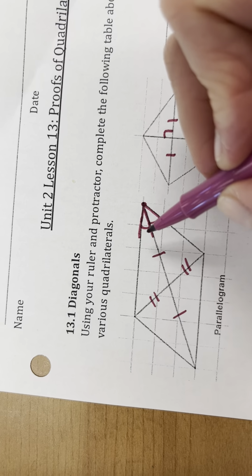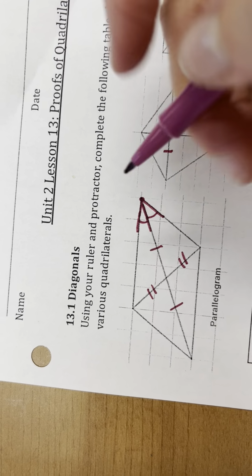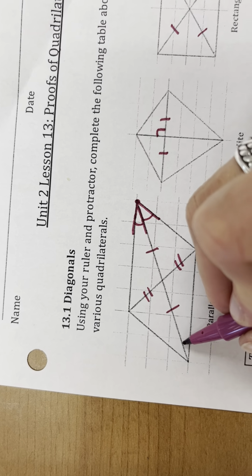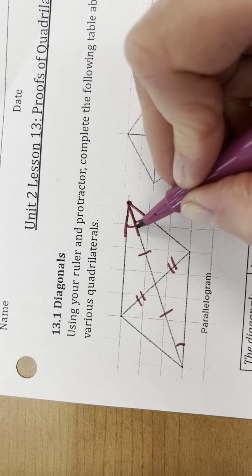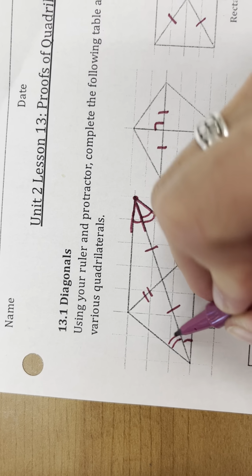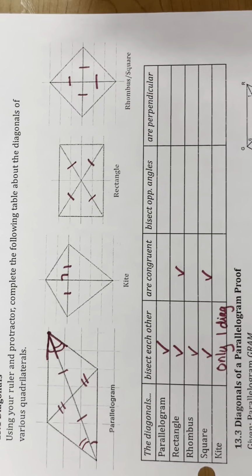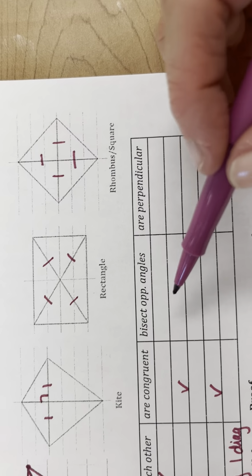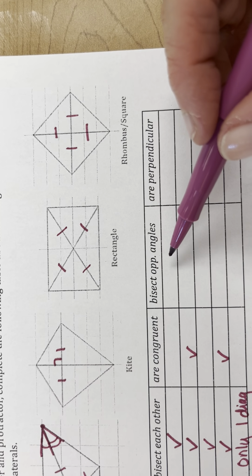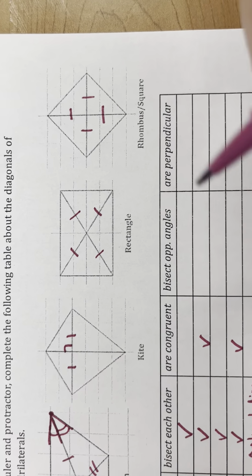What we do have, because the opposite sides are parallel, is that this angle will be the same as this angle, and this angle will be the same as that angle. All right, so that's one thing we do know. So in a parallelogram, the opposite angles do not get bisected, so we'll skip that.